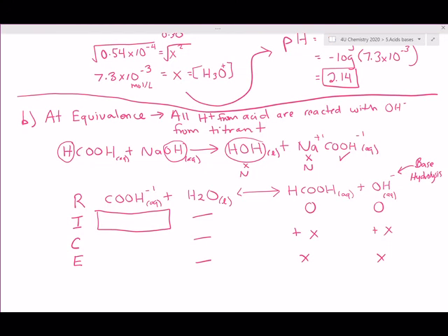So at the equivalence point, because this is a monoprotic acid and this is also just a singular hydroxide in this base, if we're going to react all the hydrogens with all the hydroxides to make water, we're going to need equal volumes for that to happen. So if you started with 20 mils of the acid, this is going to happen when you have added 20 mils of base. That's when you're going to have everything perfectly reacted to make water.